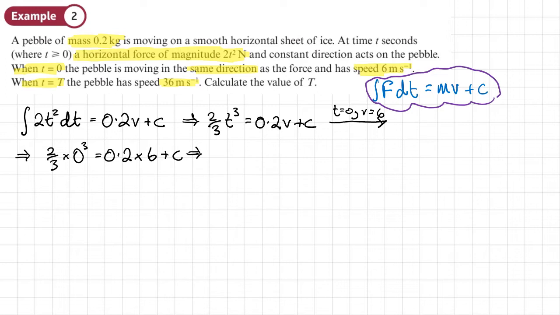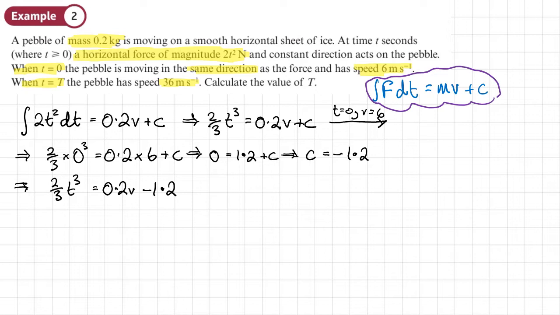That gives us 0 is equal to 1.2 plus c, which means that c is equal to negative 1.2. So our full expression is 2/3 t cubed is equal to 0.2v minus 1.2.